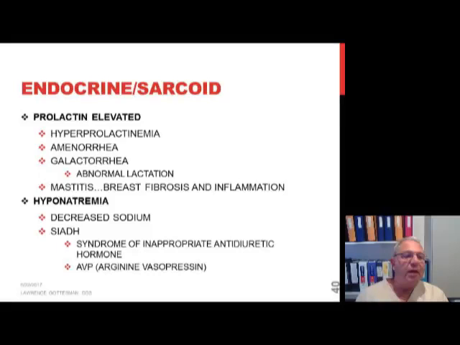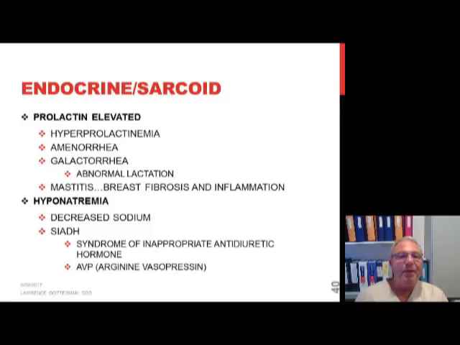You can also develop, as a female, mastitis, which is an inflammation of the breast, and inclusive with that is the fibrosis that can occur in the breast with dense fibrous tissue.